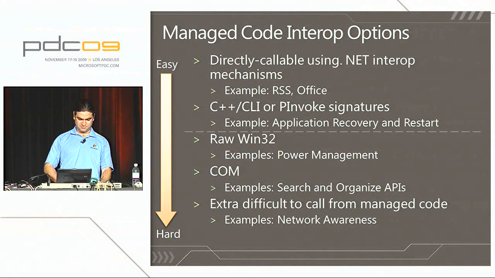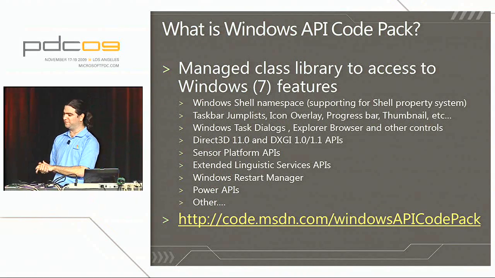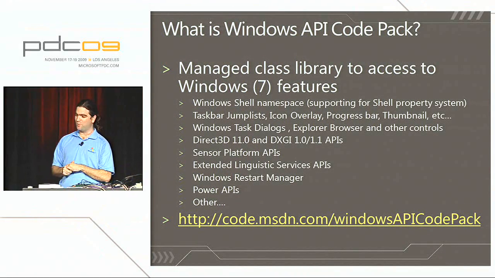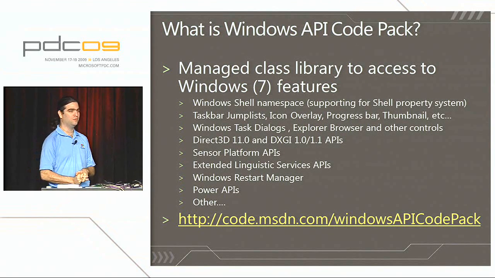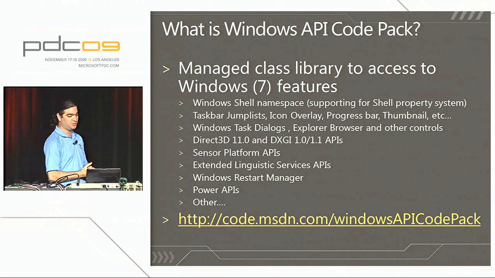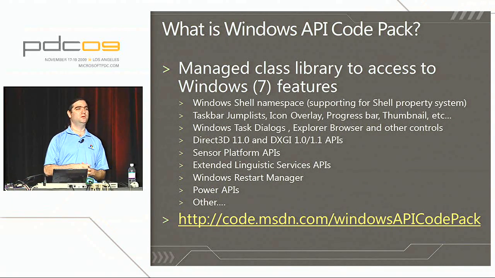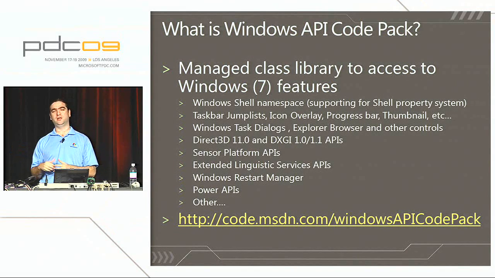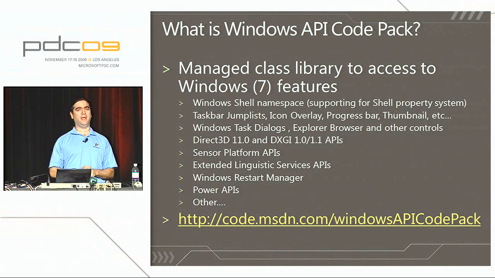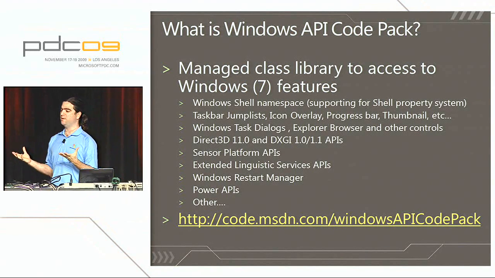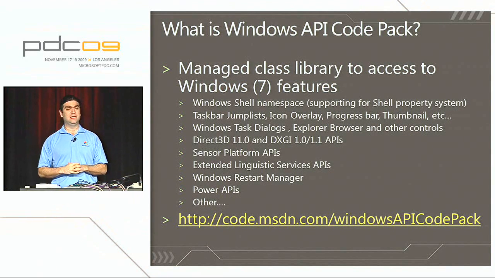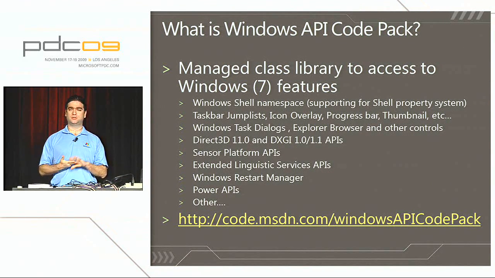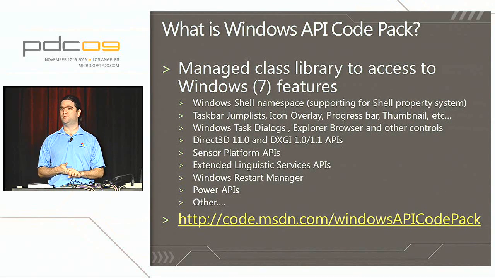Managed wrappers. The title of this session, right? The Windows API Code Pack. First and foremost, the full name is Windows API Code Pack for the .NET Framework. Basically, it is a free source code library that Microsoft provides, and you should consider this as code that you have written.